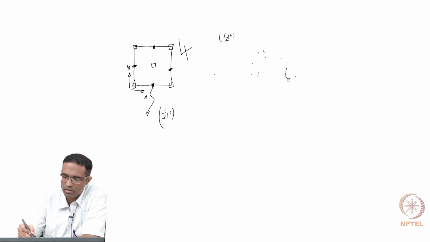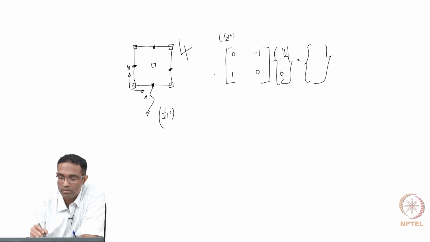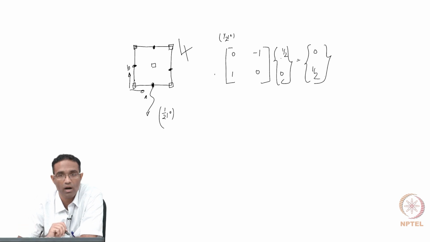I think the rotation matrix is wrong, because a fourfold rotation cannot be producing half and half. What is the rotation matrix for this case? 0, minus 1, 1, 0. So half, 0 will generate 0, half.